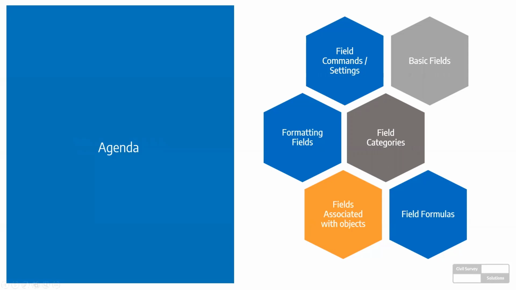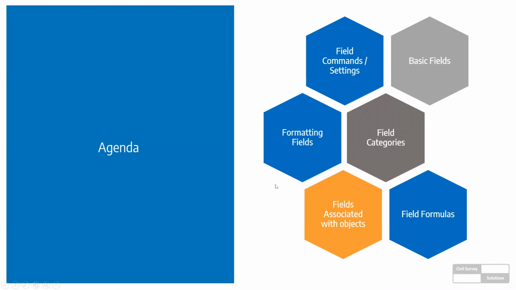So we'll be looking at where to control the settings, how they regenerate, if they update automatically, and the style of display of them. So that'll be our first thing, is to look at our settings. Then we'll look at applying basic fields. So we're just going to label our drawing, say with the drawing name or something like that. And during that time, we'll be looking at formatting the fields.